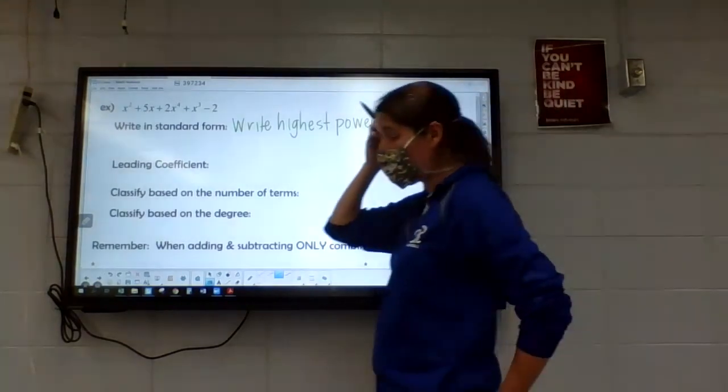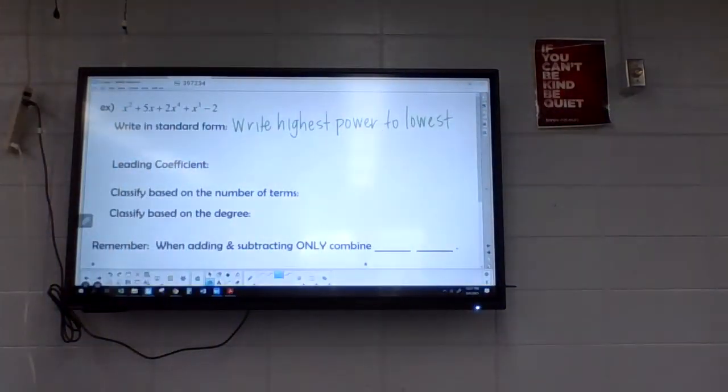So we're going to start with the highest power and then go down to the lowest. Standard form, that way if I compare my answer to yours, ours look exactly the same. What's the highest power term here in this example? Highest power.